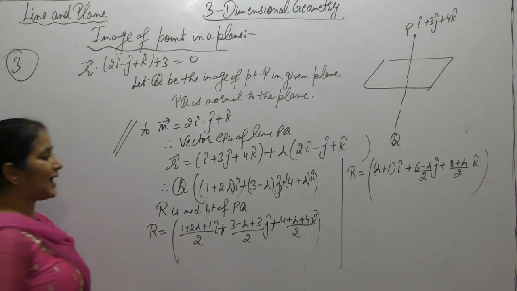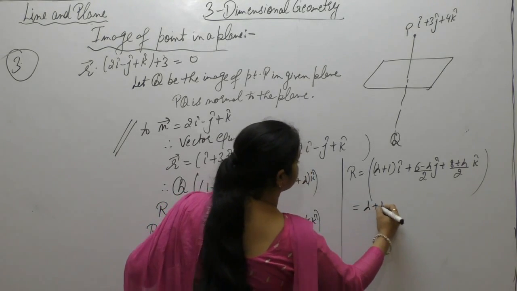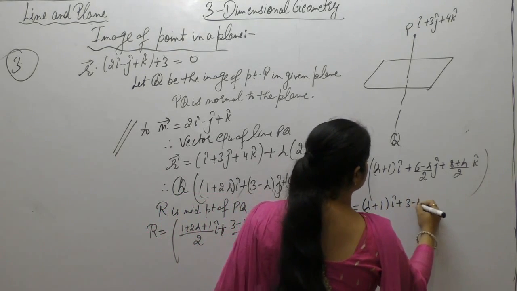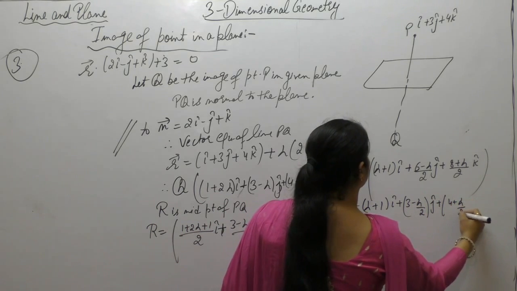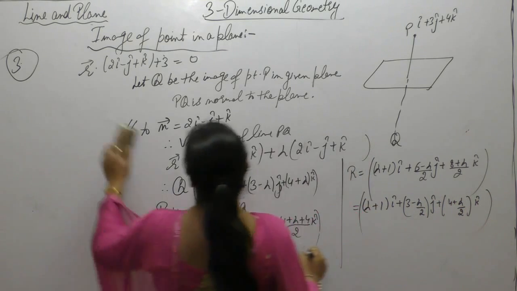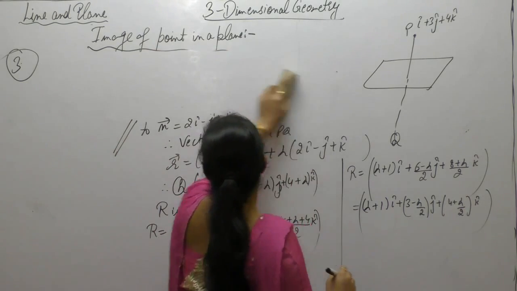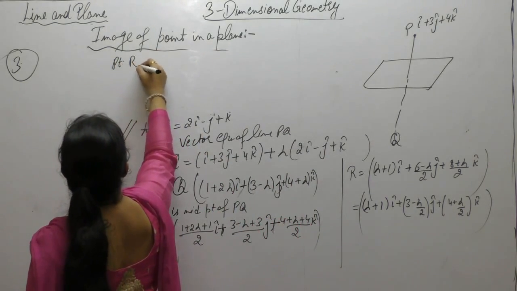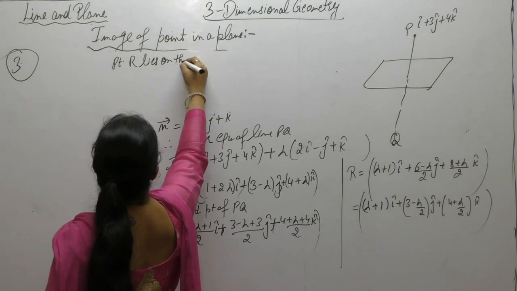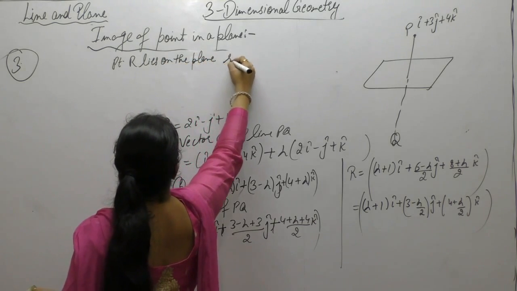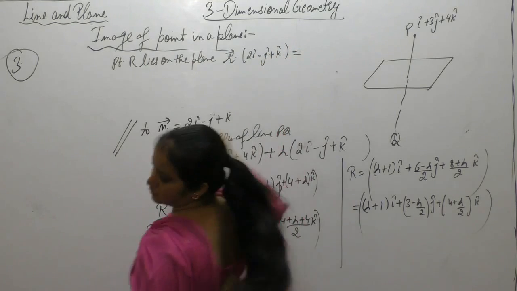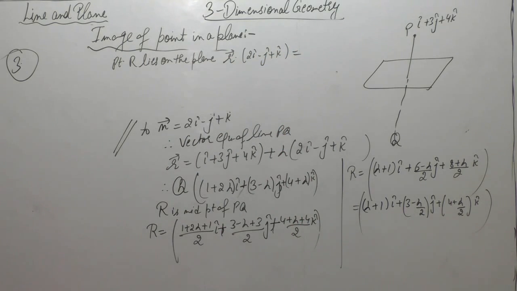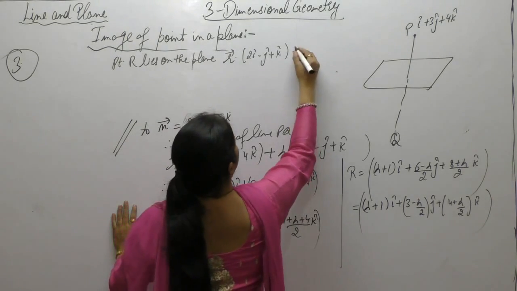Now point R lies on the plane. R dot (2i minus j plus k) plus 3 equals to 0.